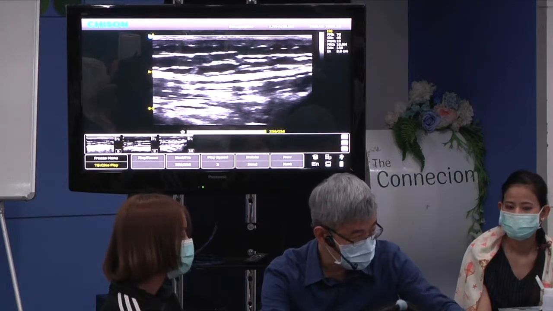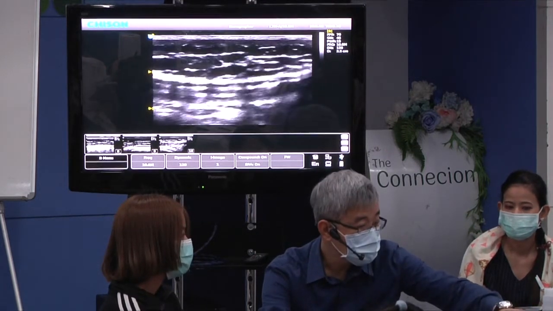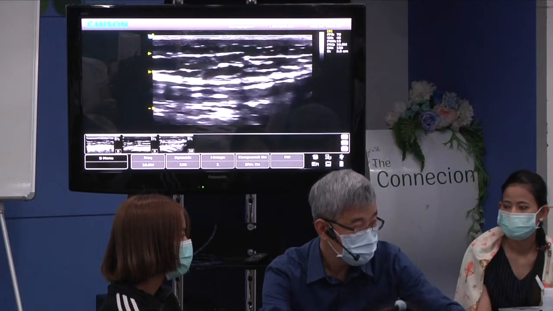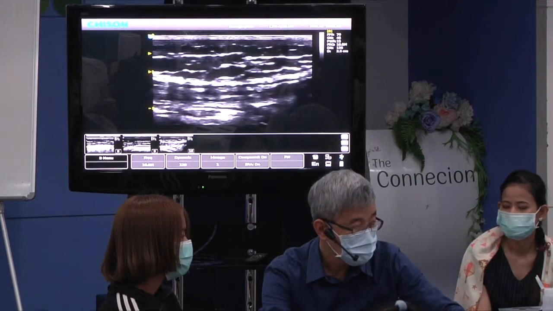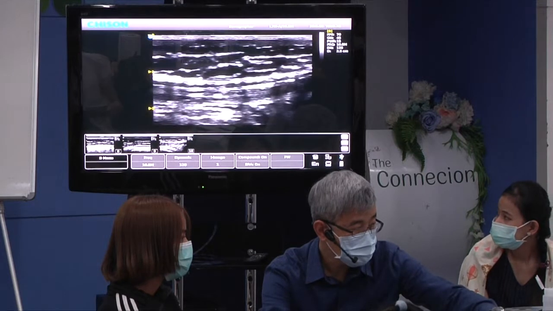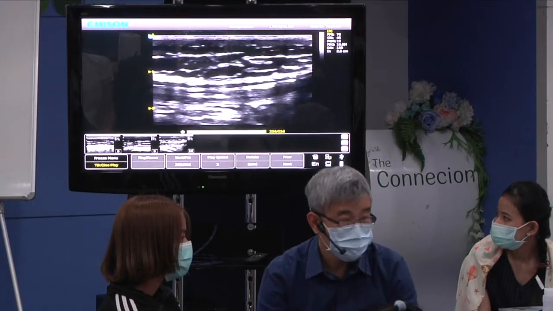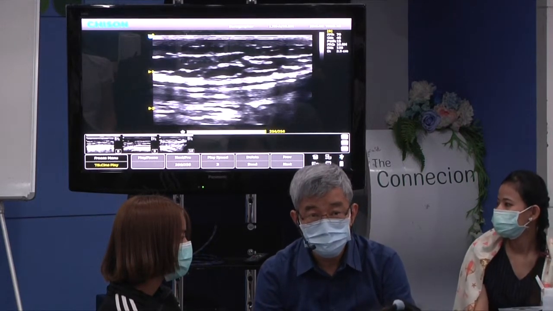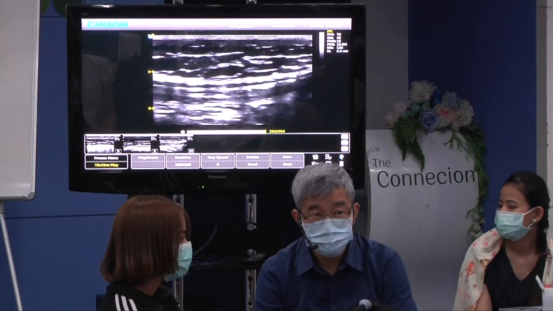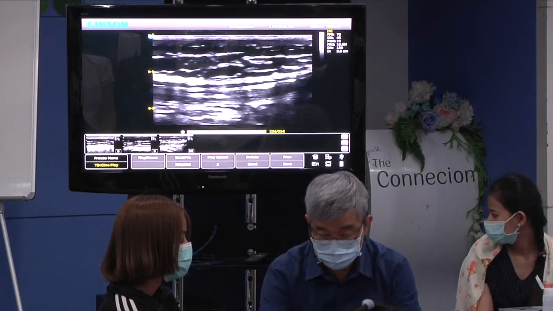If the focus is wrong, it's not so clear. But if the focus is right, it becomes easier, right? So if you want to see the detail, you need to use the correct focal zone. That would be very helpful.